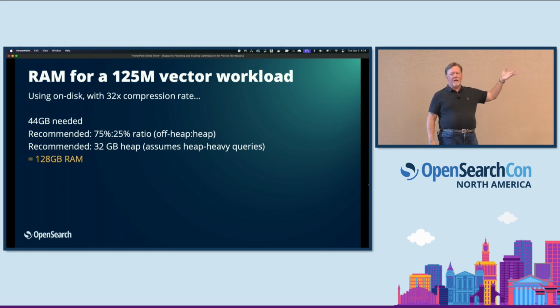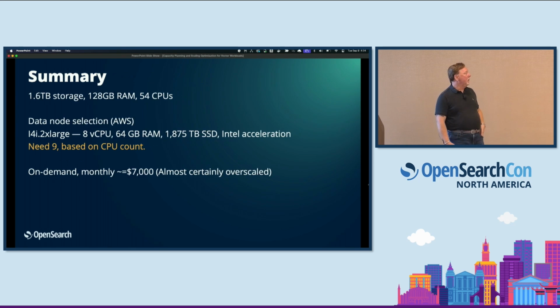In this case, if we have a heavy use of the attributes for filtering, we would want to go big on the heap. If we do that and the 75-25 ratio, then we need 120 gig of RAM in this cluster, okay?